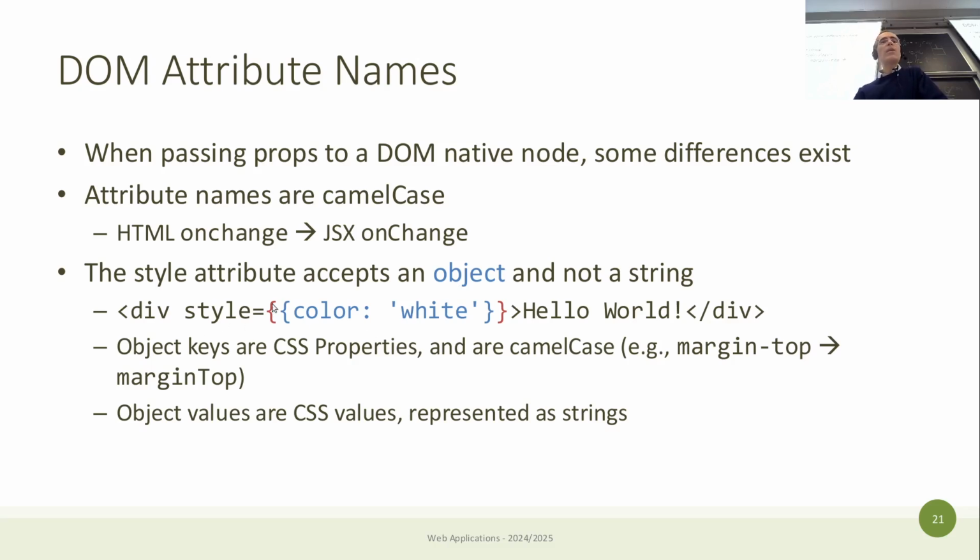So div style equal to: the first curly bracket is to open JavaScript, and the second one is to open a JavaScript object. And then there are attributes with values, with a comma, okay, because this is a JavaScript object, not a string of CSS, okay. And again, marginTop, stuff like that, has to use the camel case syntax. It's just something you get used to, and if you're unsure, you just search on the internet, okay?